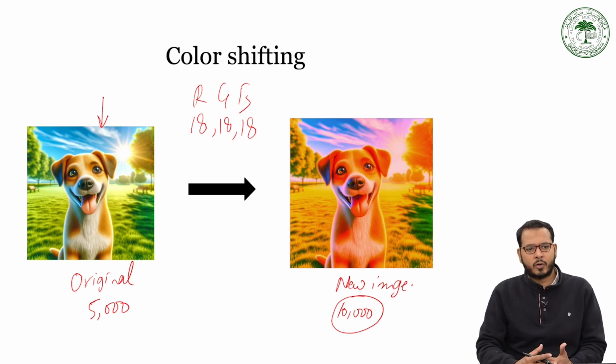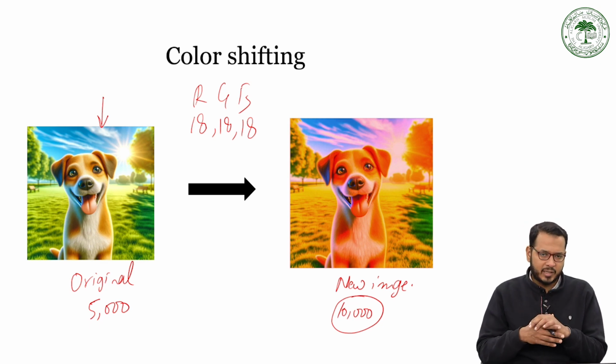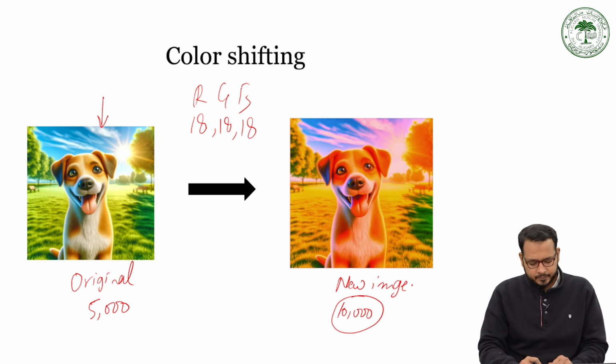So these are some of the common operations that we perform on images before applying some kind of machine learning or deep learning model to them.